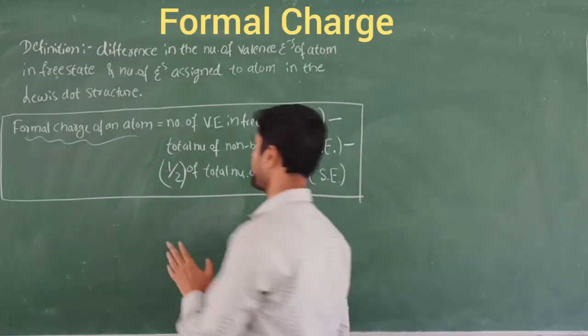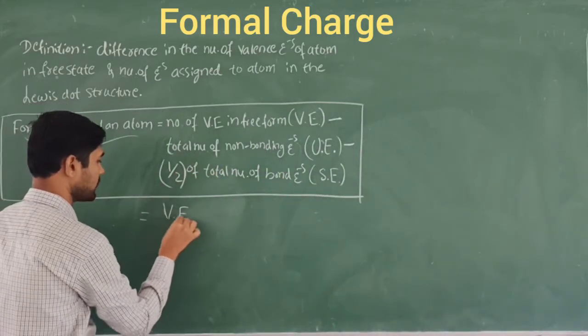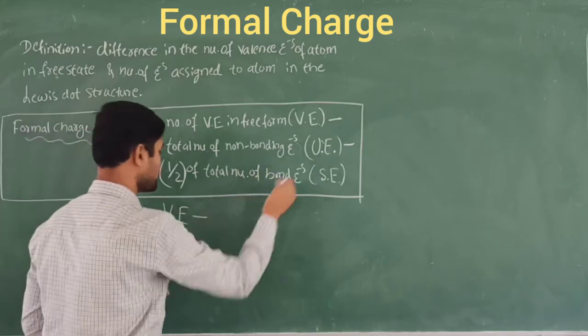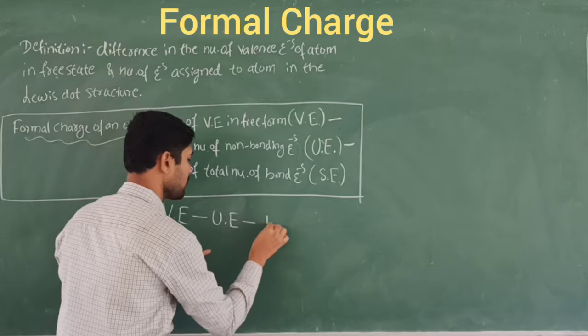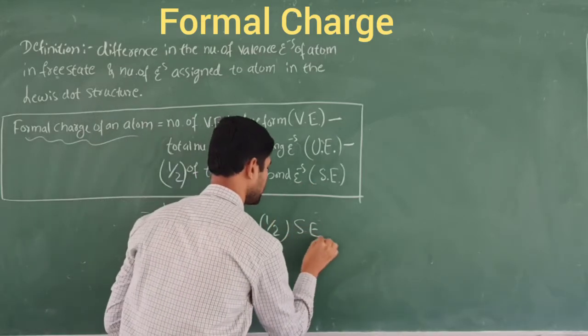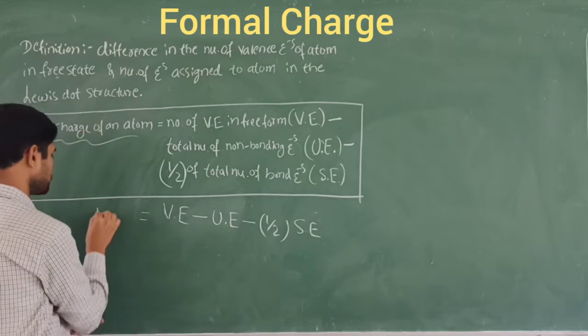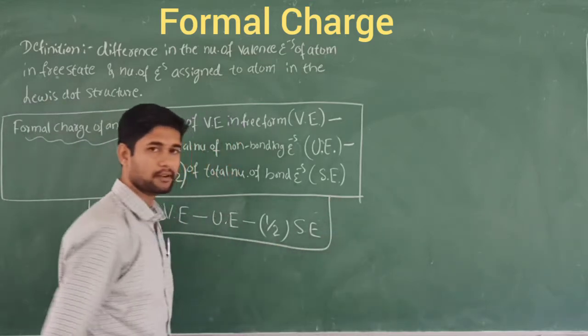So simply, formal charge, FC, equals total valence electrons minus unshared electrons minus half of the shared electrons. If you know this, the formal charge formula is very easy to apply.